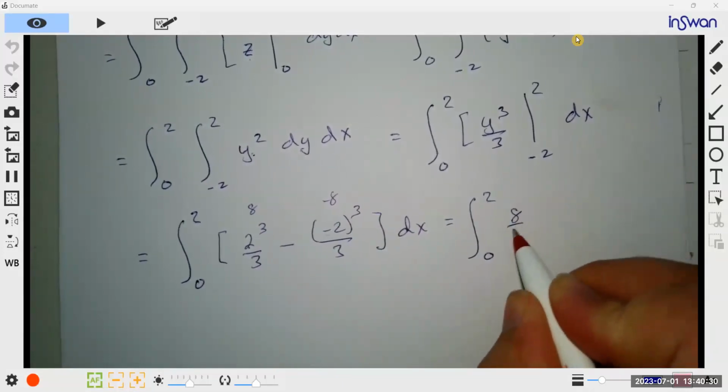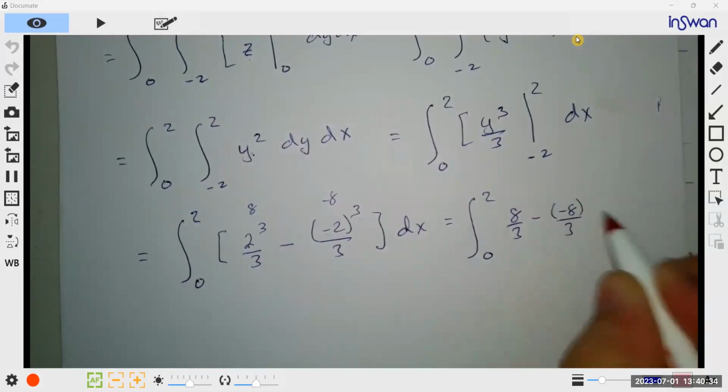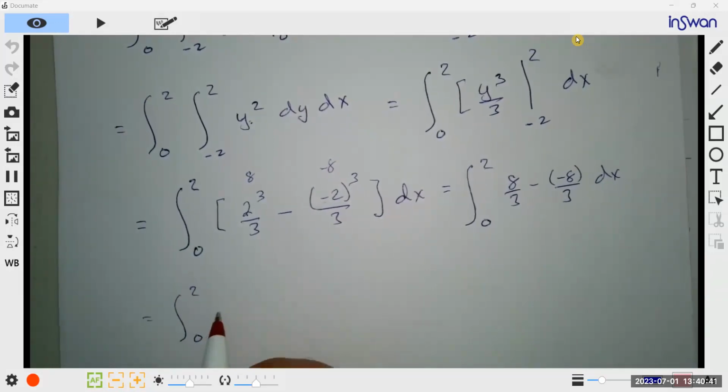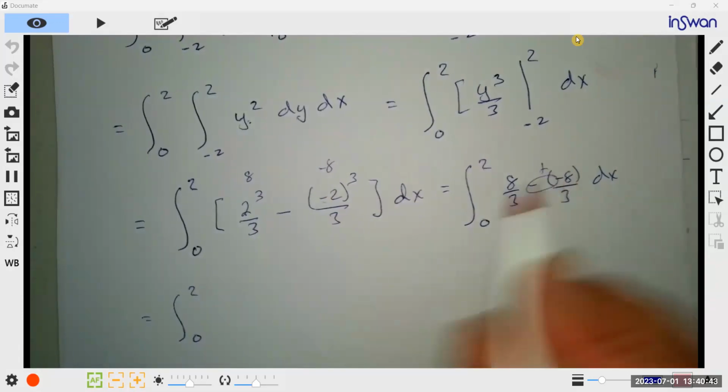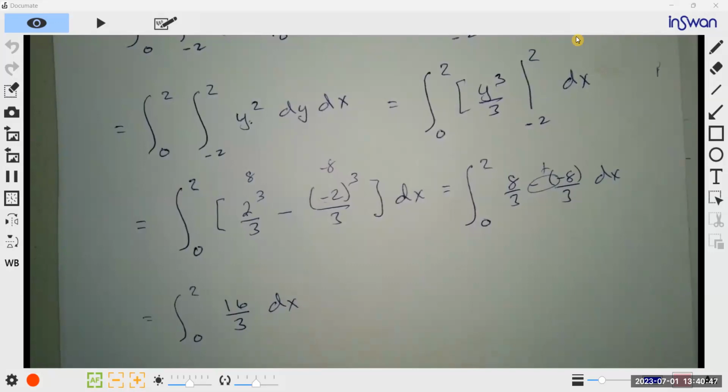So we have 8 over 3 minus -8 over 3 dx. So that becomes a plus. So it's 16 over 3 dx.